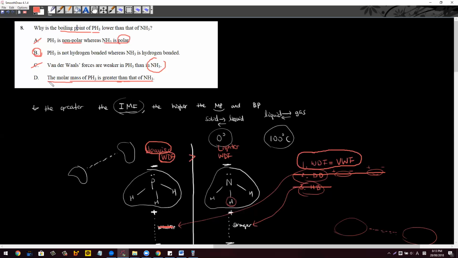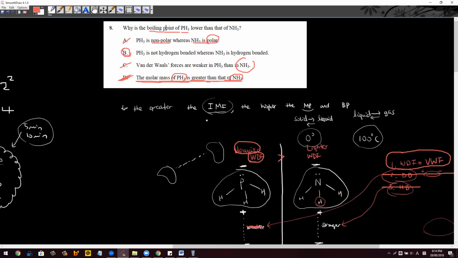So when you have a greater molar mass, then greater intermolecular force, right? If greater intermolecular force, then greater boiling point, right? So this is a true statement, but this cannot be the reason. This does not explain why this has lower boiling point than this one.